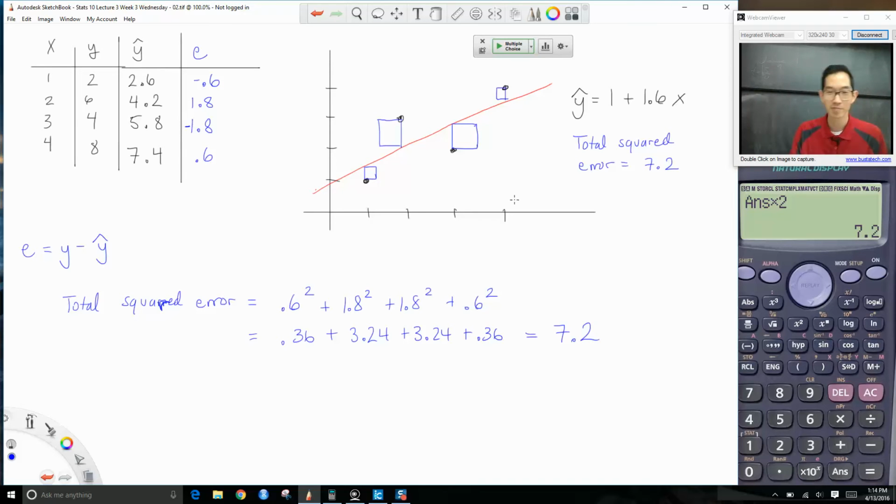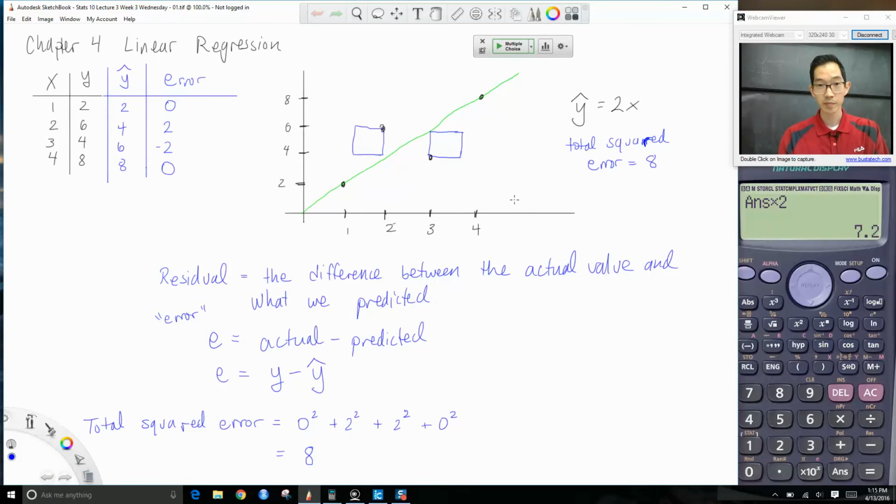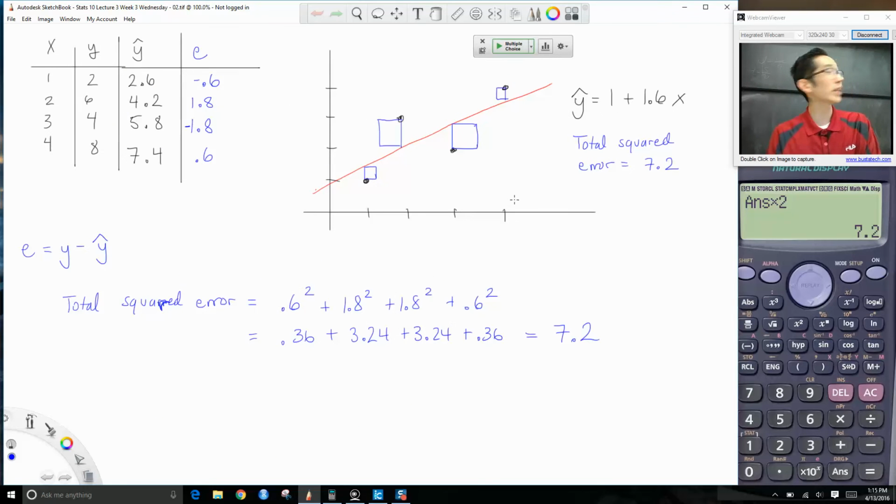So, okay, between these two lines, y hat equal to 2x and y hat equal to 1 plus 1.6x, which line would we say is the better fit? This one, because the total squared error is less, okay? Because this line has a smaller total squared error, we will say this line is better.